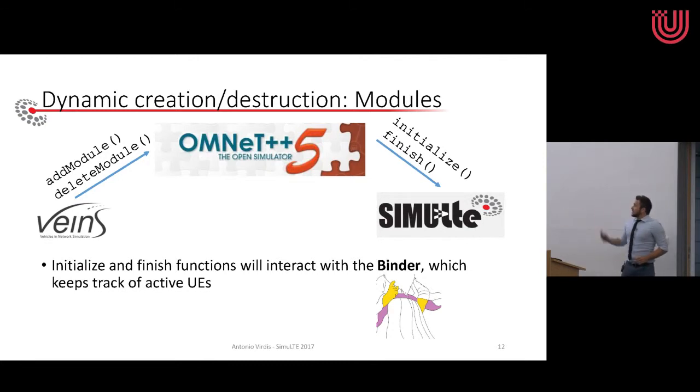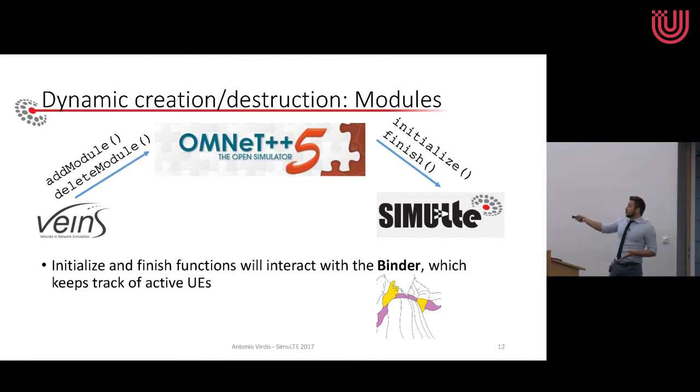For what regards dynamic creation or destruction of modules, Veins uses two main functions, the add module and the delete module, to dynamically create modules, which are cars entering the playground, and deleting them when they are going out.